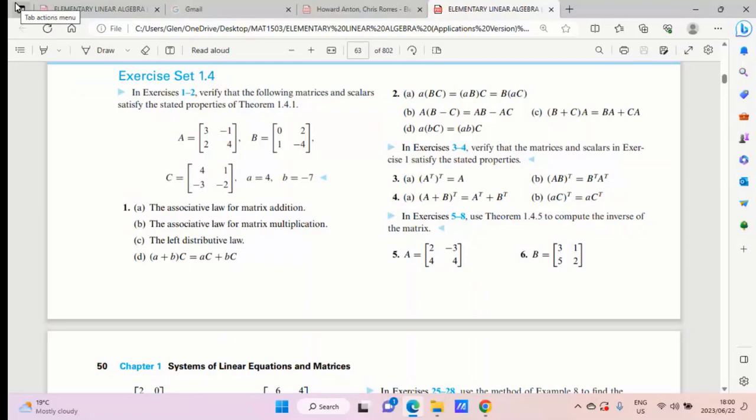Which means I did A multiplied by B plus A multiplied by C. Which one, the left hand side or the right hand side? I started with the right hand side.